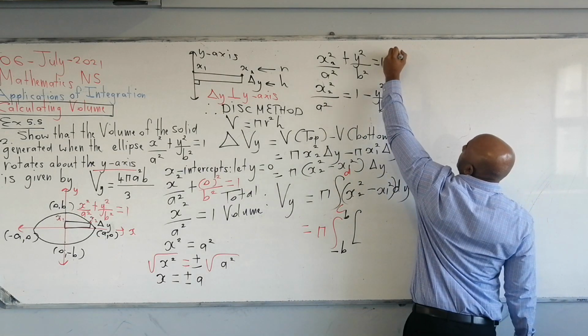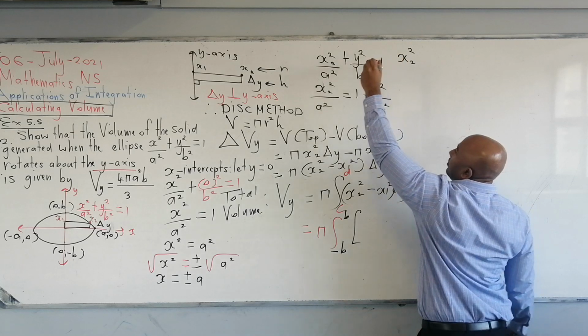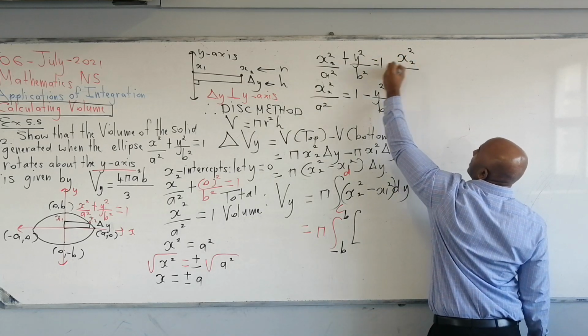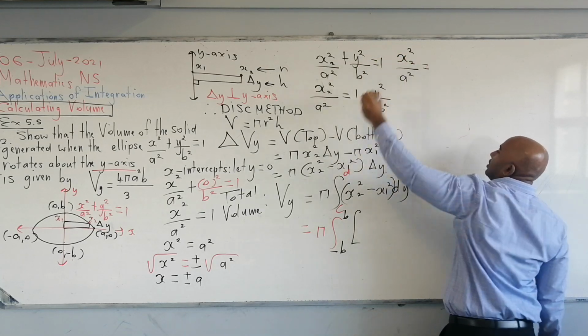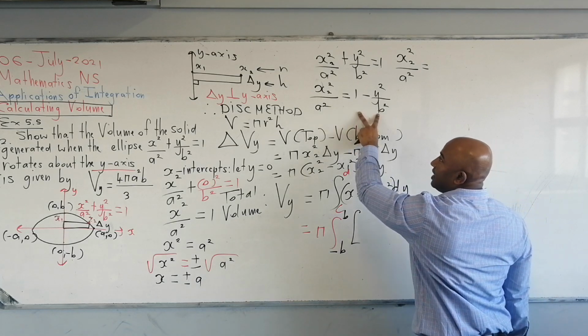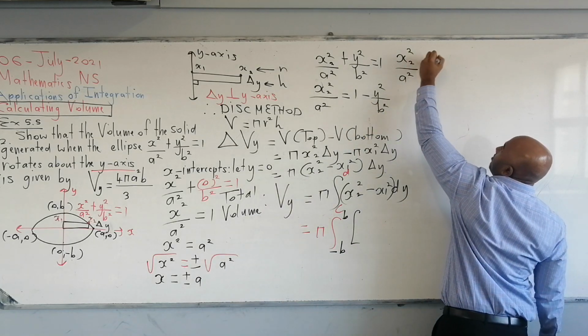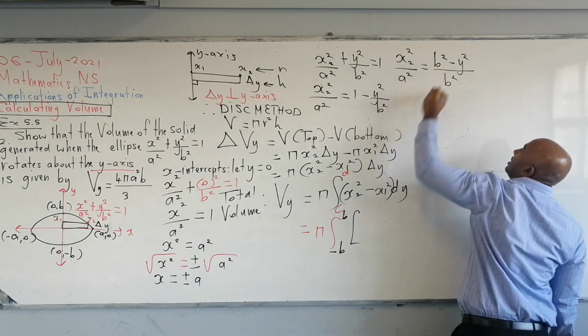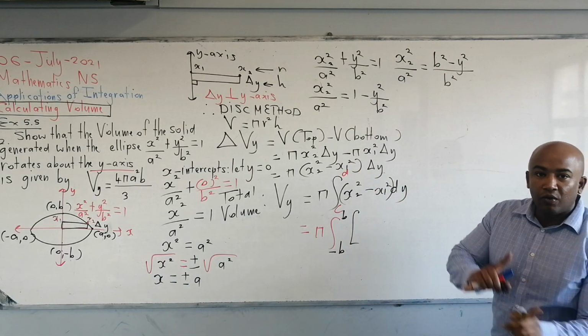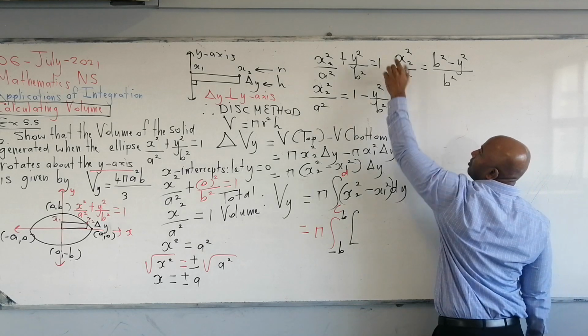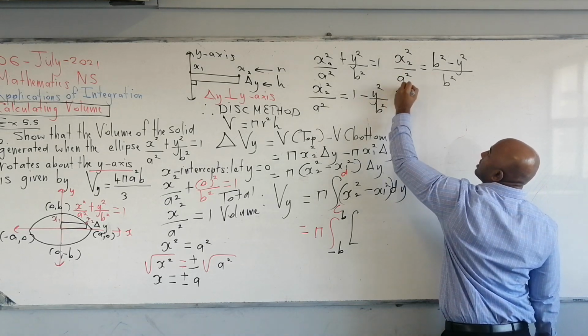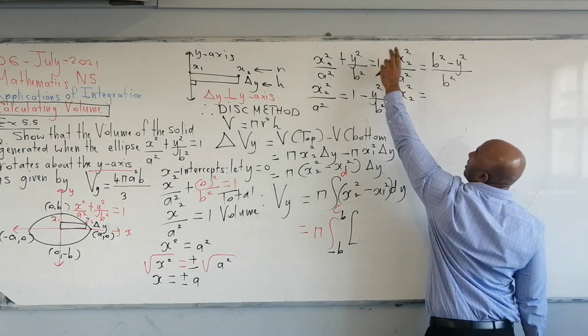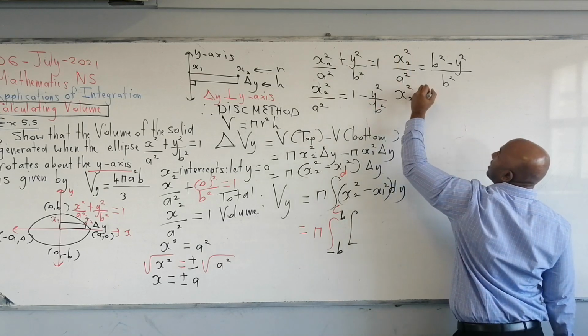Now, x2 squared over a squared is equal to, find the LCD here. So that's going to be b squared minus y squared all over b squared. Now, multiply by a squared on both sides. So x2 squared is equal to, now multiply by a squared and a squared will cancel.